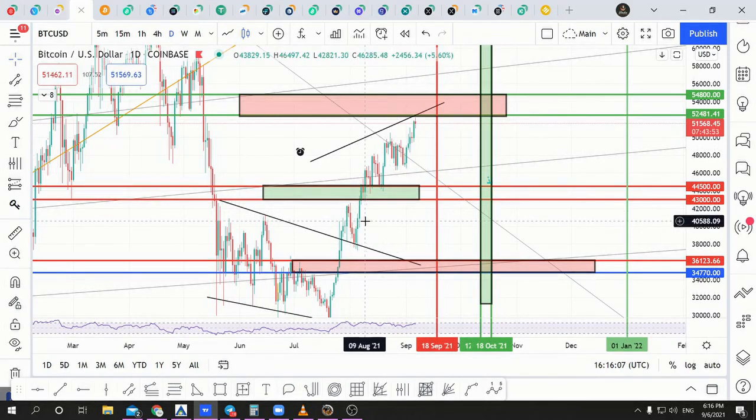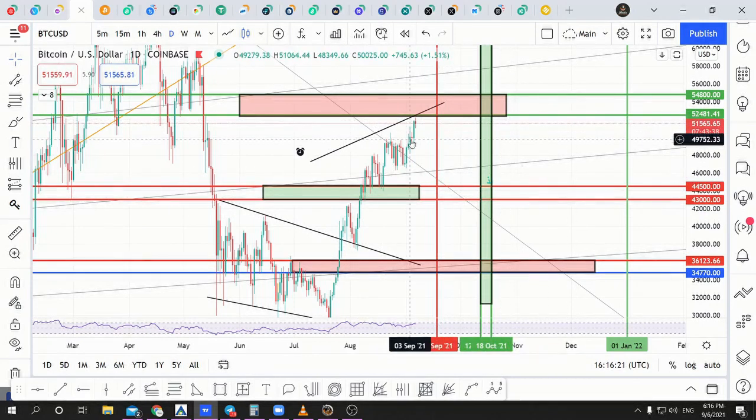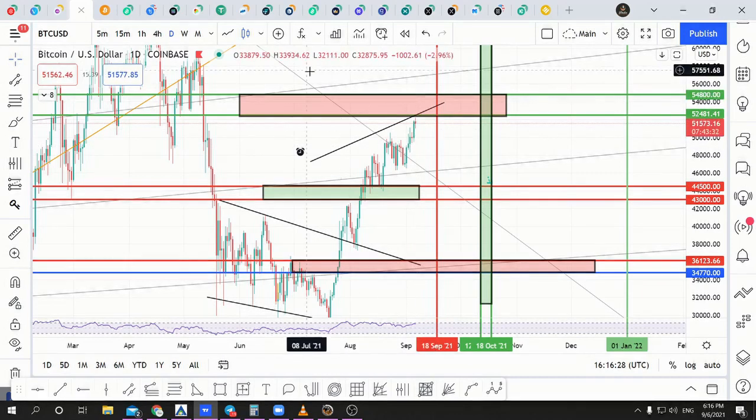After this candle, I just wrote on my Twitter that this is a very clear break of this resistance area, and we are going directly to the 52. And fortunately, today we got the 52. The highest price here is 52 and a couple of dollars.